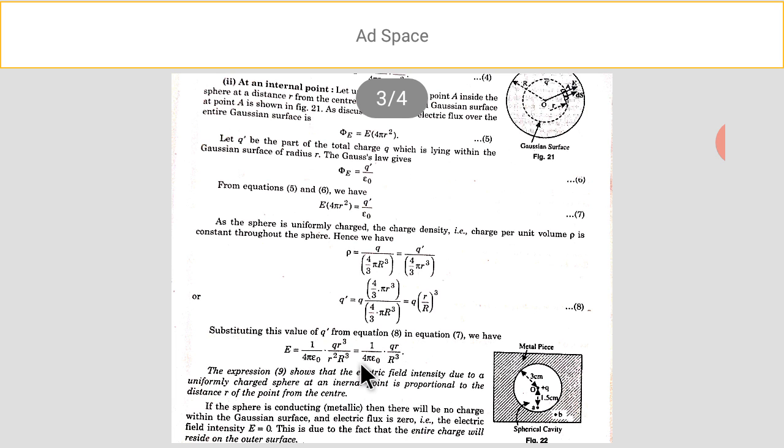This expression shows that the electric field intensity due to a uniformly charged sphere at an internal point is proportional to the distance r of the point from the center.